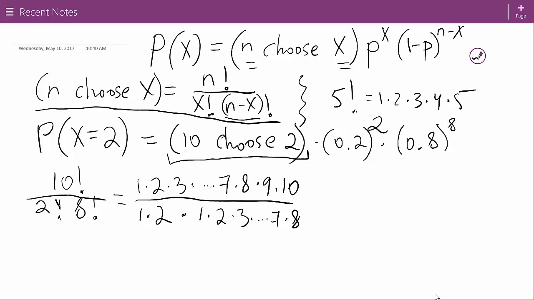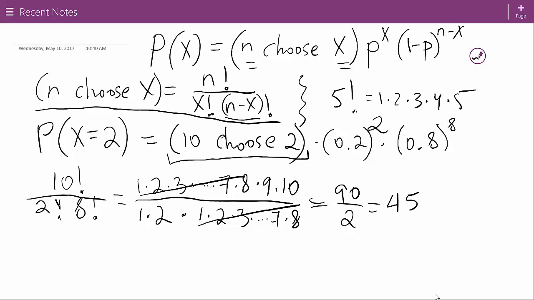As you can see, this part and this part cancel out, and all I have is 90 divided by 2, which is 45. So out of 10 questions, I can choose 2 that he gets correct in 45 different ways. That's basically what it says.